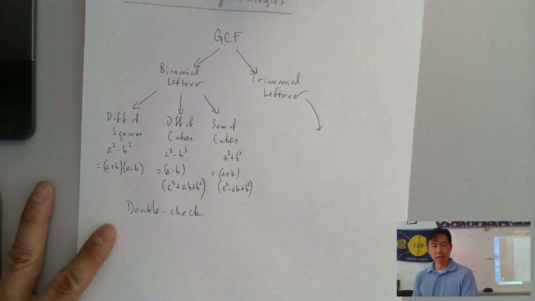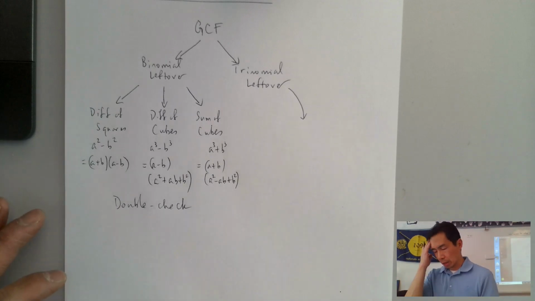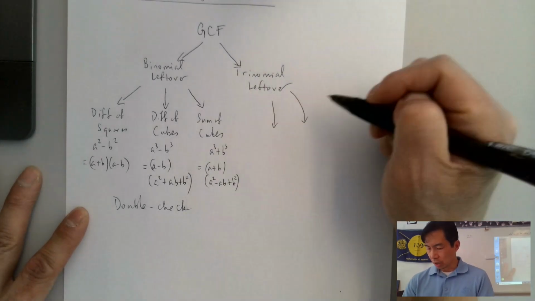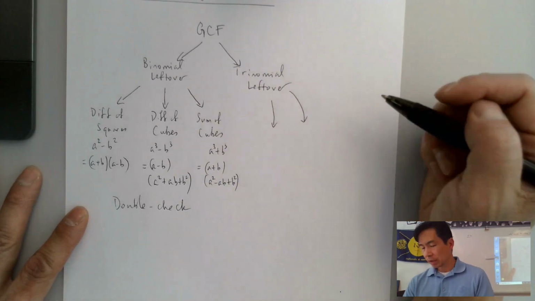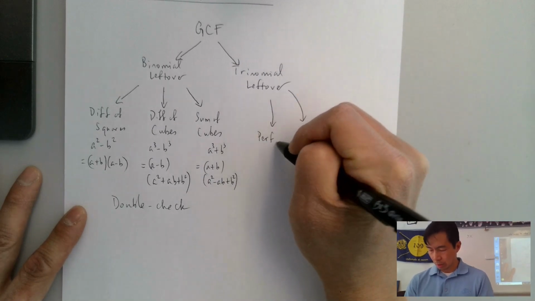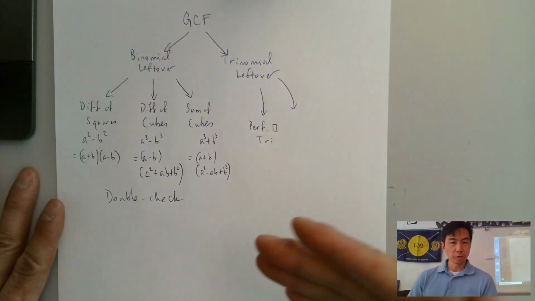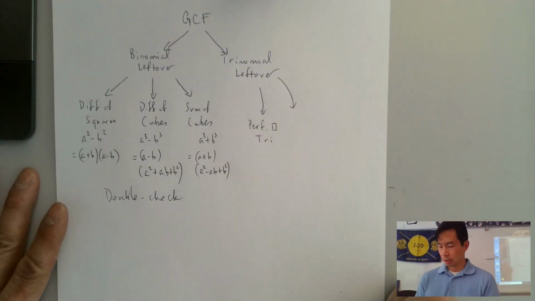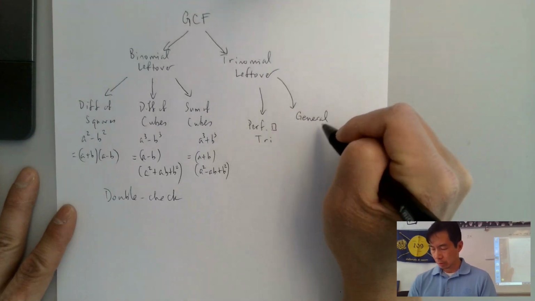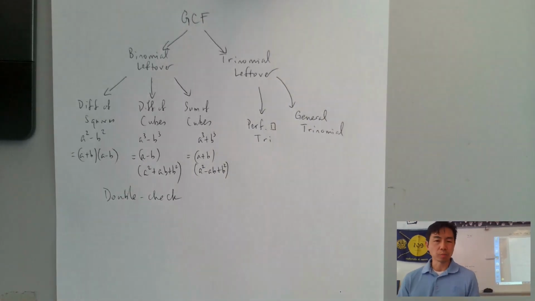Okay, now the other main branch is, what if the leftover is a trinomial? Okay, so if it's a trinomial, you basically have 2 possibilities. The trinomial could be a perfect square trinomial, or just a general trinomial that is not a perfect square.